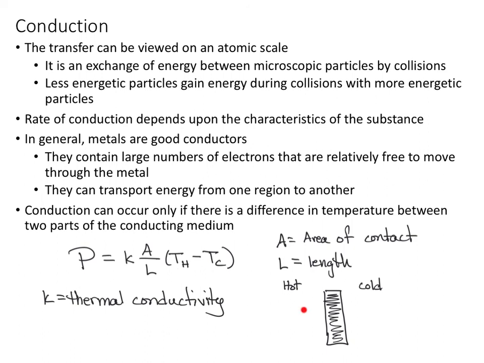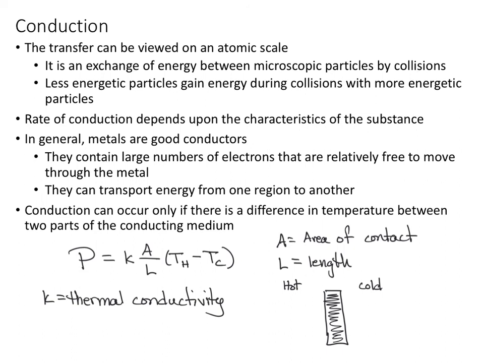So TH would be the temperature on the inside, the warm side of my house. TC is the temperature on the outside, the cold side of my house. K is the conductivity of my insulation material. Again, I want this to be small. A is the area of my wall, so it's this area of the wall, and L would be the thickness of the wall.